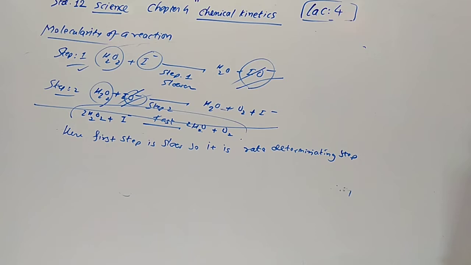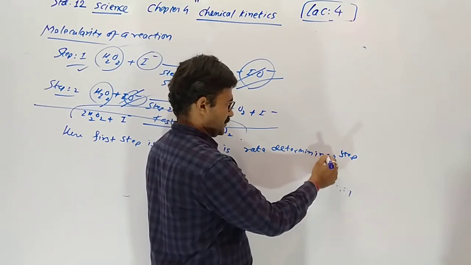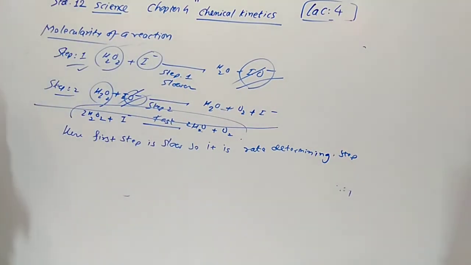Thus, the rate of formation of intermediate will be the rate of this reaction.